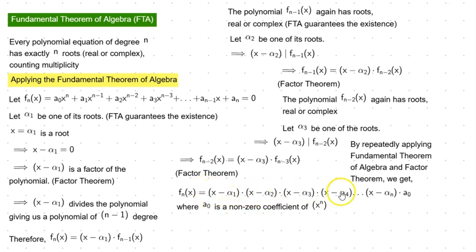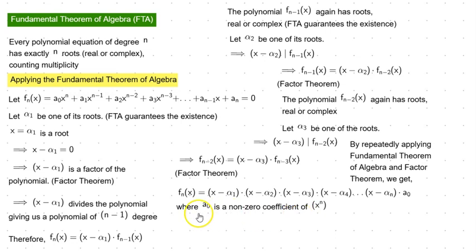So we break it down into its factors. So complete factorization is achieved. But ultimately we will reach a constant polynomial, where a_0 is a non-zero coefficient of x to the power of n.